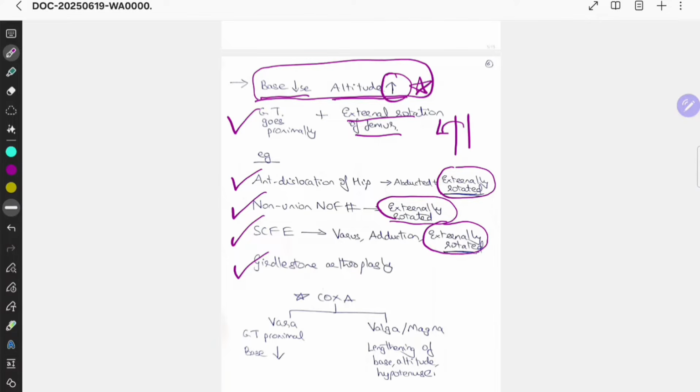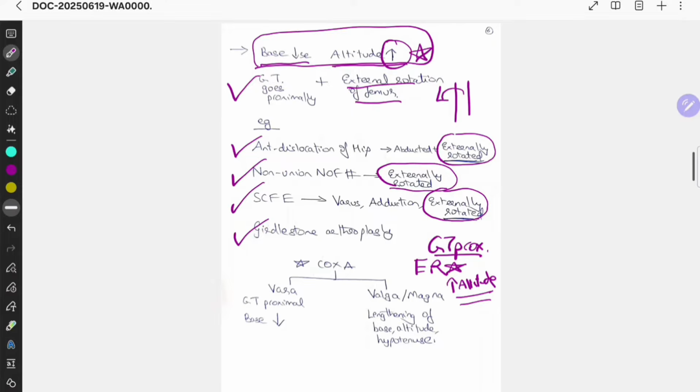So all these conditions wherein the GT is going proximally due to the collapse at the femoral head, neck or the hip joint. But at the same time, the hip is going in external rotation, which is increasing the altitude. Am I making sense? Okay, so these are specific conditions which might be asked. So anterior dislocation, non-union neck of femur, scurvy, all three are very specific conditions.